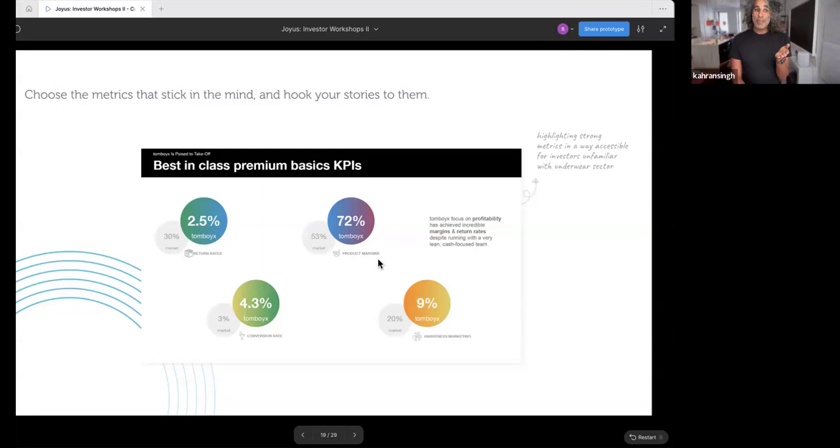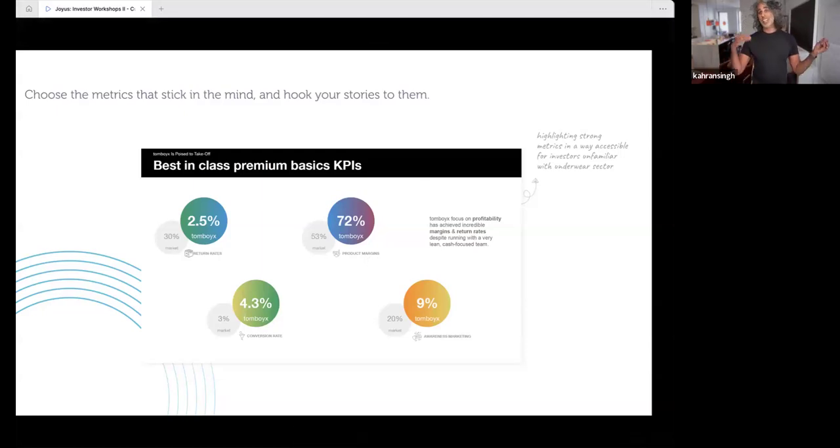Again, choosing the product margin to highlight. Sure, some people are going to obviously ask you about gross margin or about contribution margins, but we wanted to choose the margins, choose the numbers that make us look good. And it's, yeah, right? You're not being dishonest by highlighting the parts of the story that make you look good.